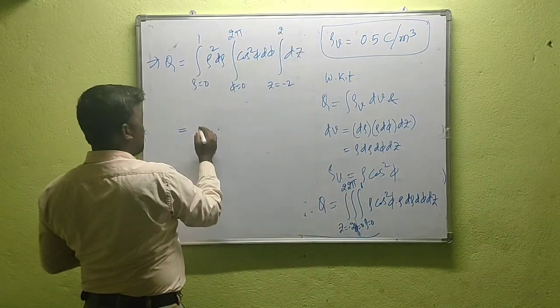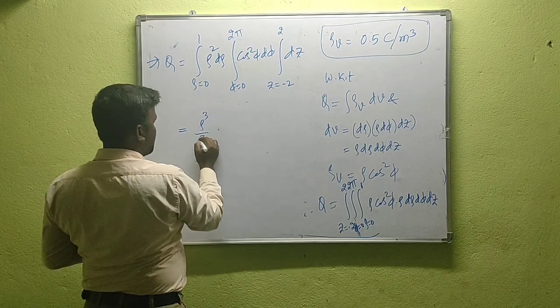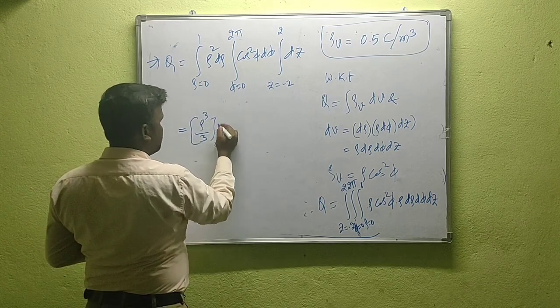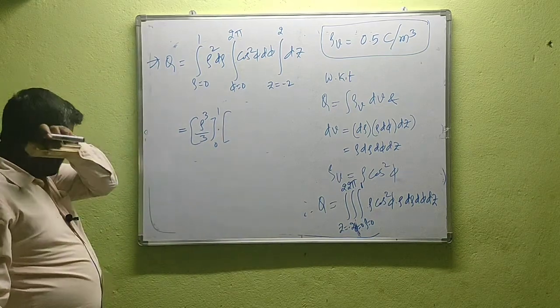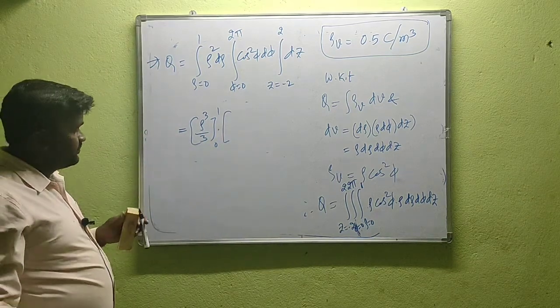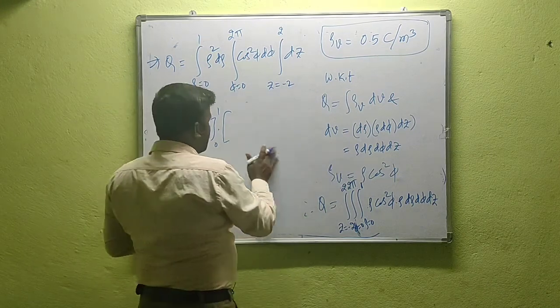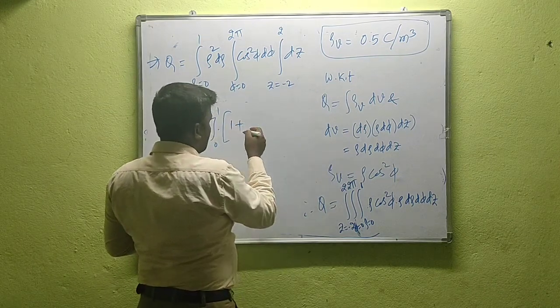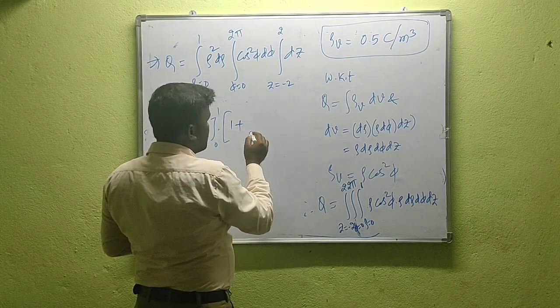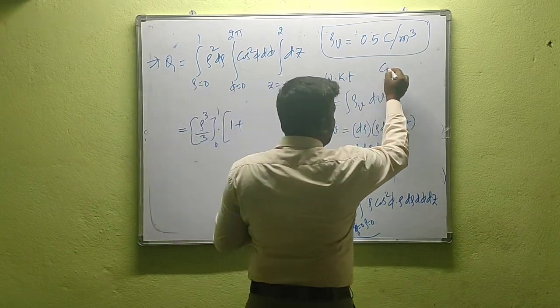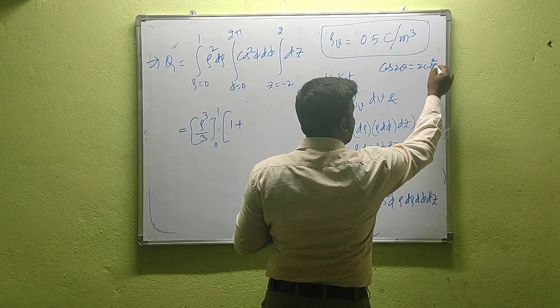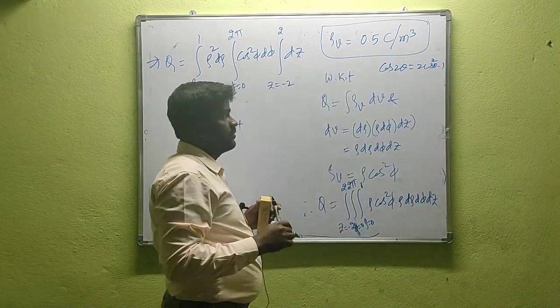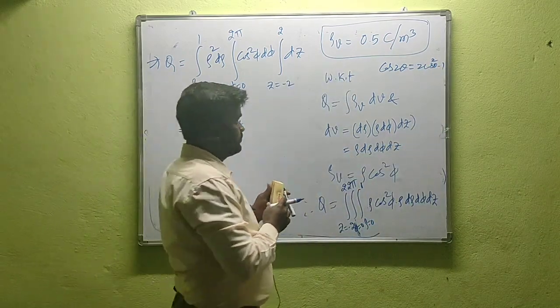Now simplify this one. This can be written as ρ³/3, with limits from 0 to 1, and cos²φ. So that can be written as (1 + cos 2θ)/2, where cos 2θ equals 2cos²θ - 1.